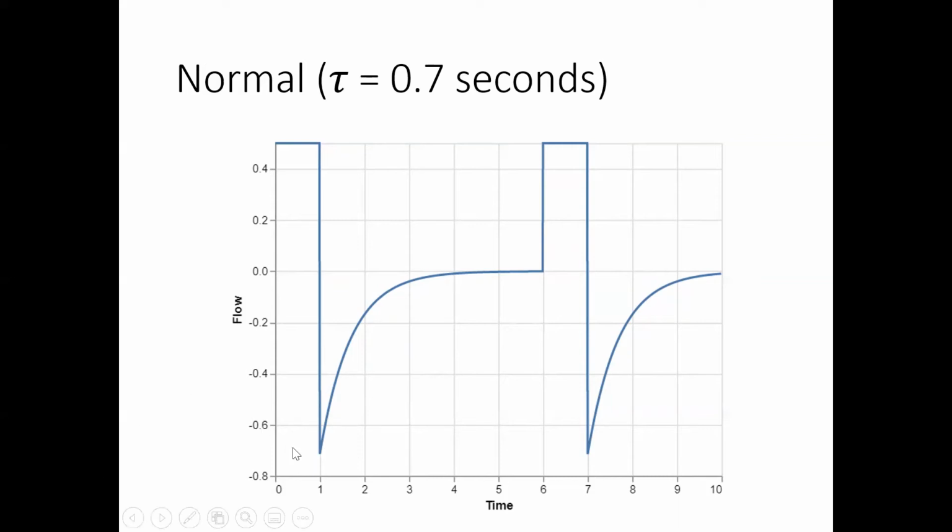You start at your peak flow, and then the flow is gradually going to taper down before the next cycle. If we think of this patient with a tau of 0.7, then we can say that we at least need 0.7 times 3, so that's about 2 seconds for the patient to exhale before the next cycle.